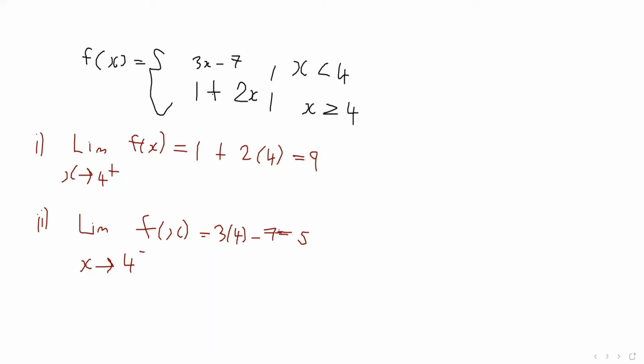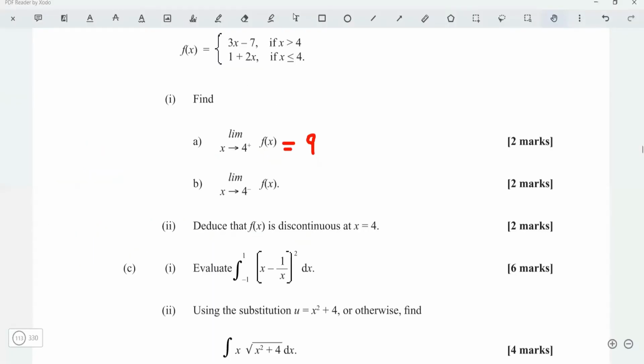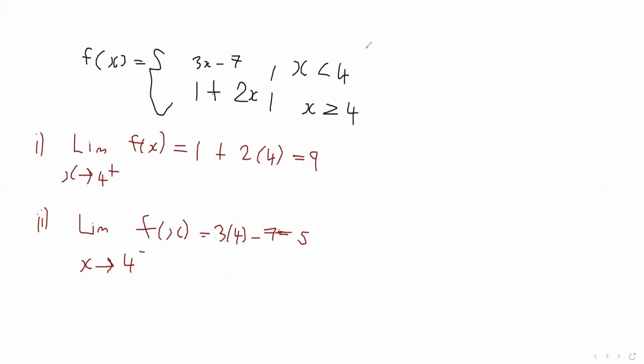So clearly we can see the function is not continuous in a case like this, because we get 9 on one side and 5 on the other. Now they say deduce that the function is discontinuous. It is clear that it is discontinuous since the limits are not the same. So all you have to tell them is, since the limit from the left doesn't equal the limit from the right.